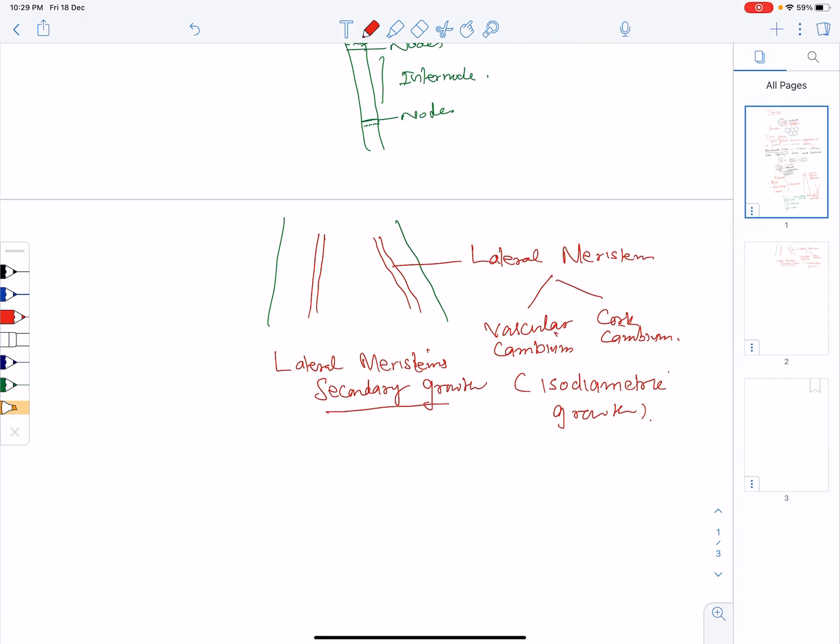Now these meristematic tissues, when they divide, will form different kinds of tissues. Then they will undergo differentiation, and after differentiation, they will form permanent tissues.